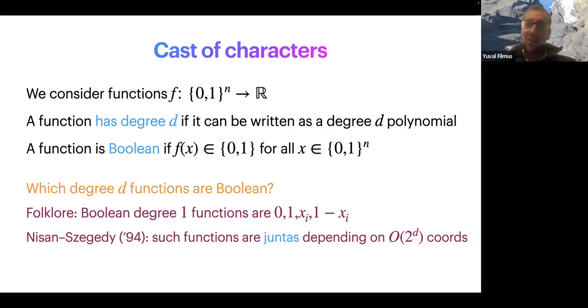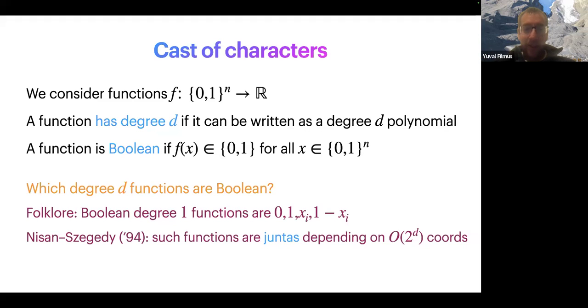And in this case, the constant is going to depend on d. I'm mentioning this because the title of my talk is Sparse Juntas, where juntas was in quotation marks. So this is the same meaning of junta as in the title of my talk. People familiar with the literature will recall that Nisan and Szegedy gave a different bound, but we won't care about such details here.